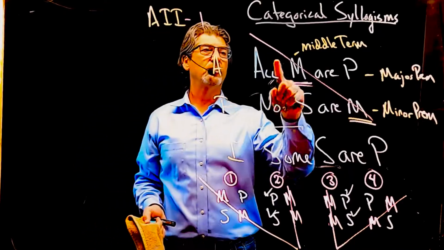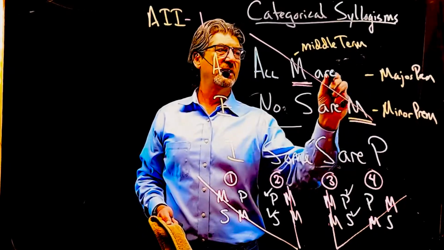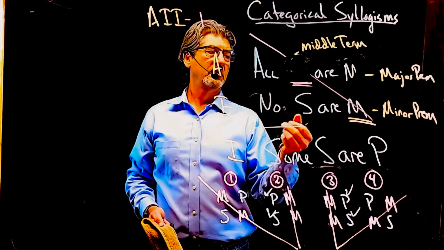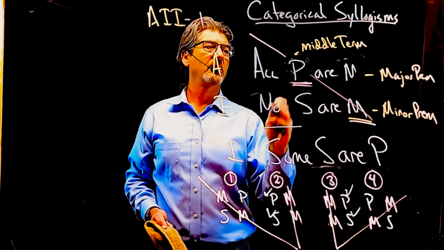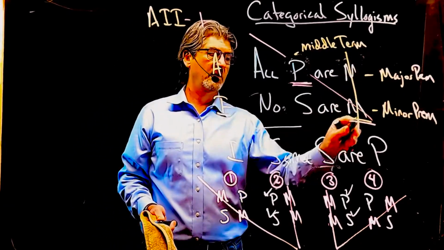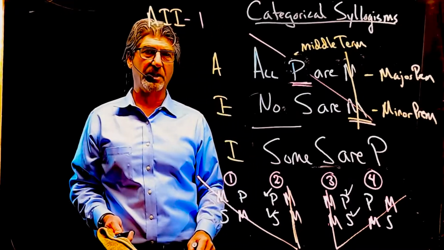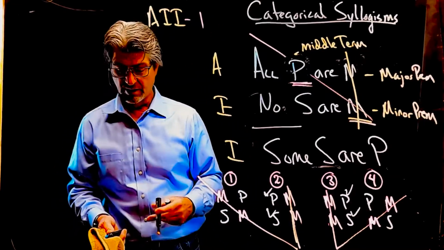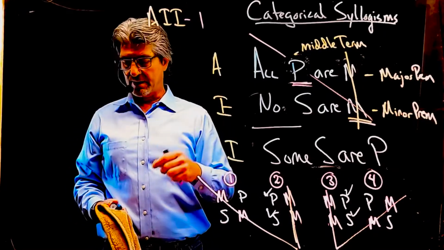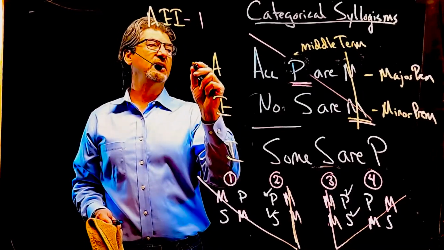And suppose the middle term wasn't here, but instead was here. So now the figure changes and it becomes figure 2 because the middle term is in the predicate position of the major and the minor term. So you've got an AEI figure 2.